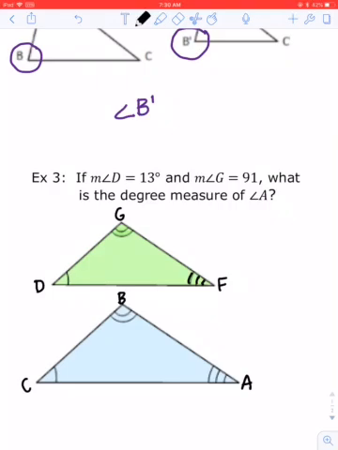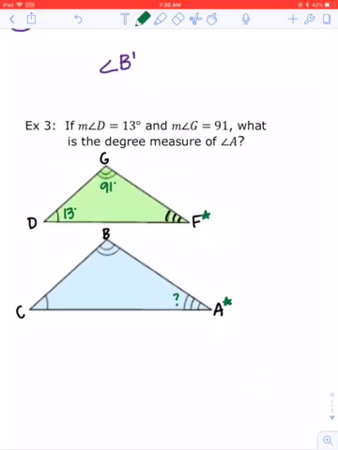So it says if measure of angle D is 13, and G is 91 degrees, what is the angle measure of angle A? If I know 13 and 91, I can figure out what angle F is. And that helps me because angle F and angle A are corresponding.